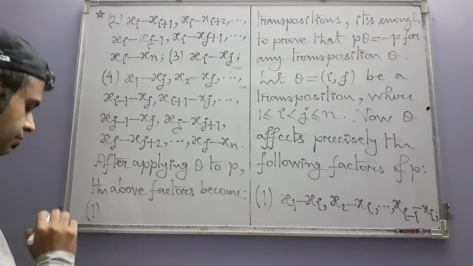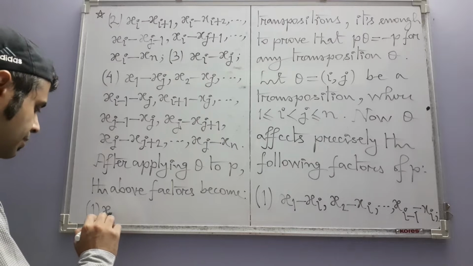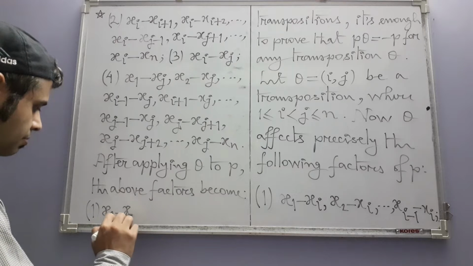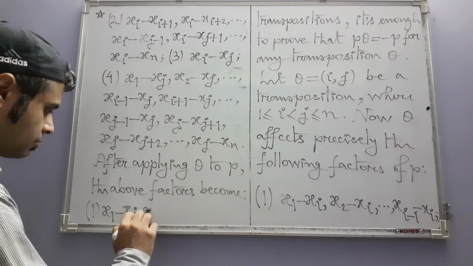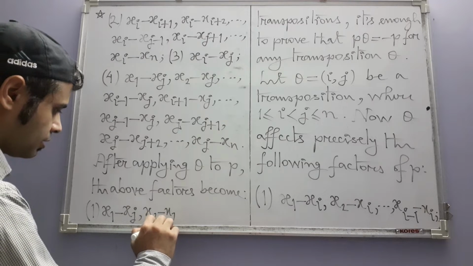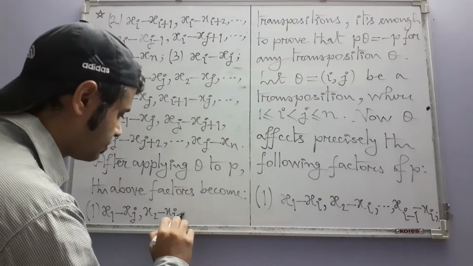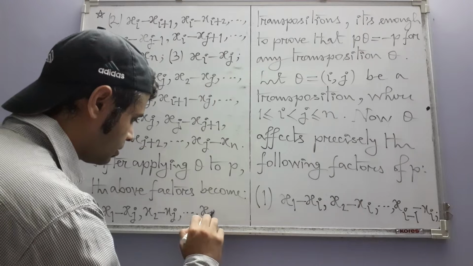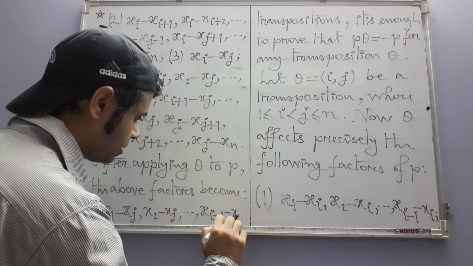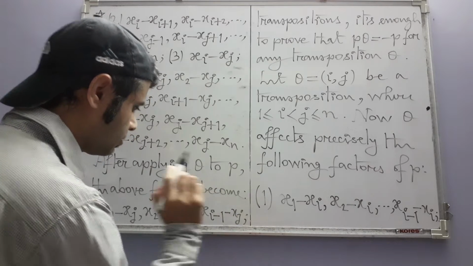Number 1, i becomes j: x1 minus xj, x2 minus xj, and so on, xi minus 1 minus xj.